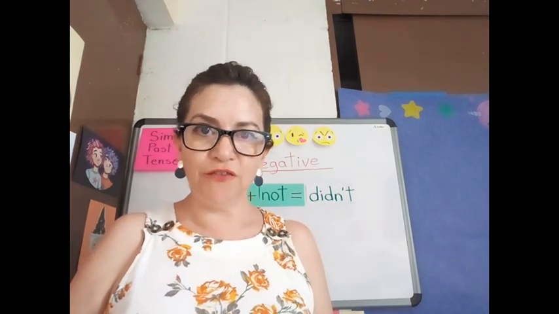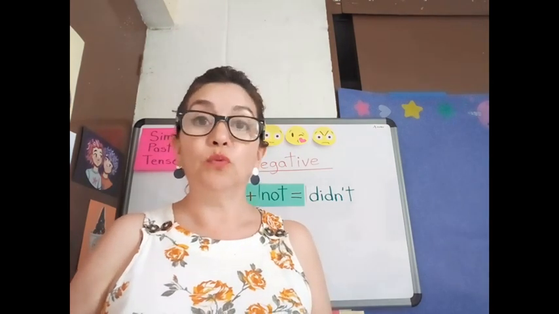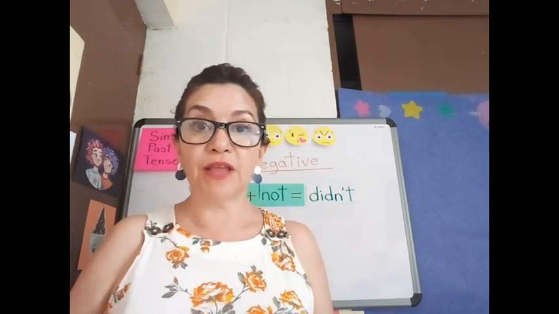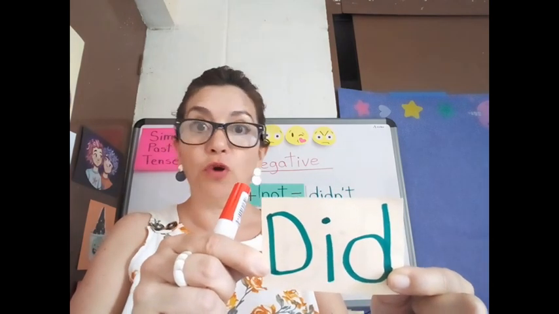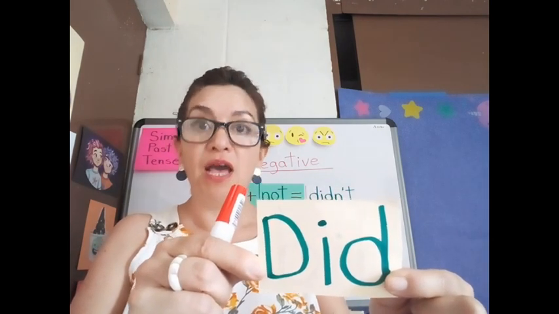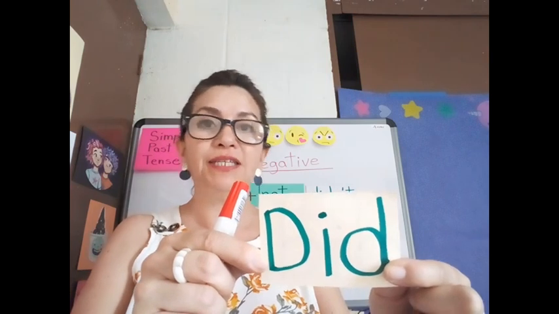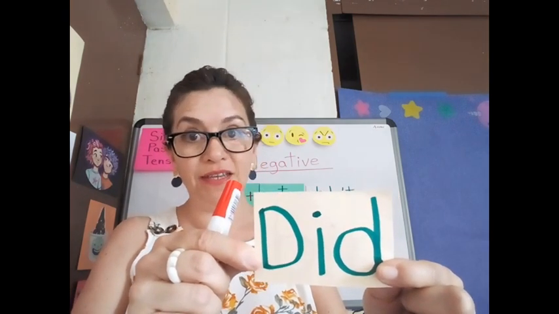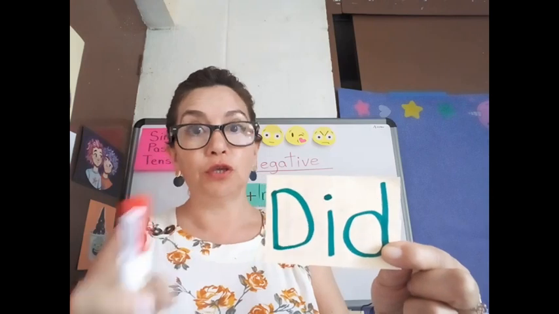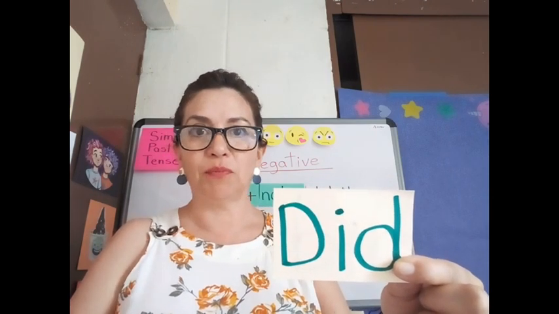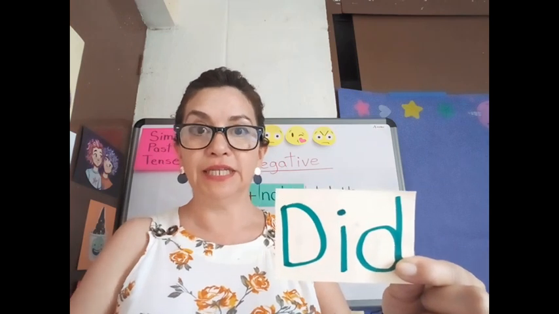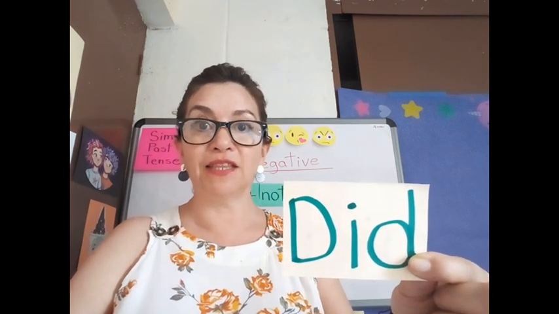To make the negative form of the simple past, we need an auxiliary verb. That is the verb do in past tense, did. Did is for all the subjects. I did, you did, he did, she did, it did, we did, you did, they did. It never changes. Remember, the auxiliary verb did for the simple past negative form.